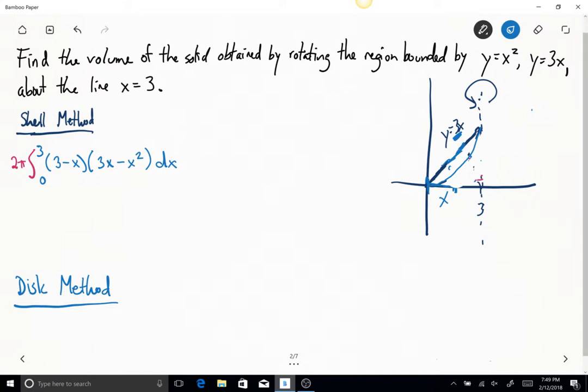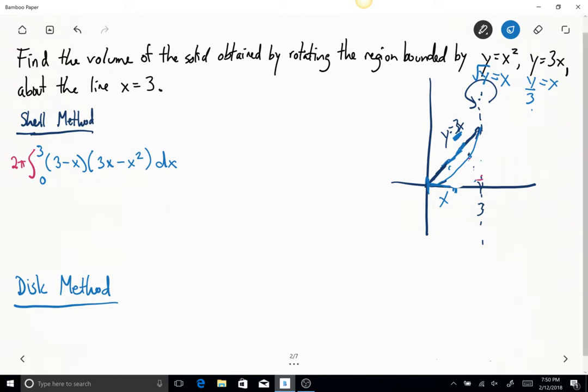So in that case, notice what's going to happen. Well, we're in the positive x-axis, so we get x equals the square root of y, right? No negative square root of y in this case. And then we get x equals, in our other scenario, y over 3. Okay?